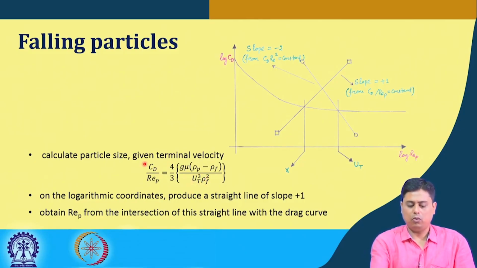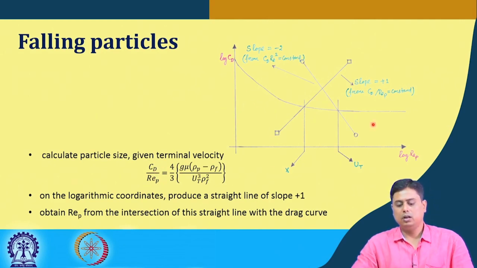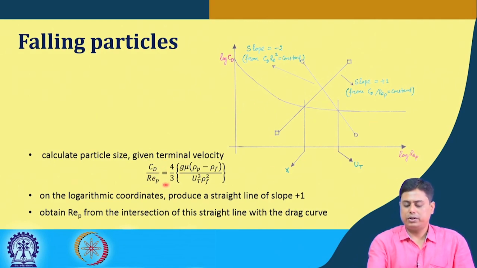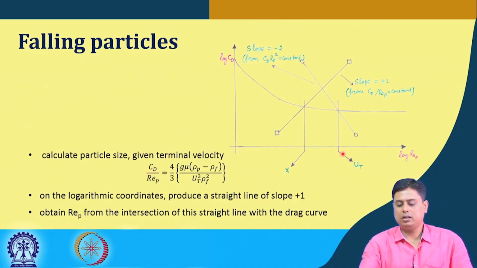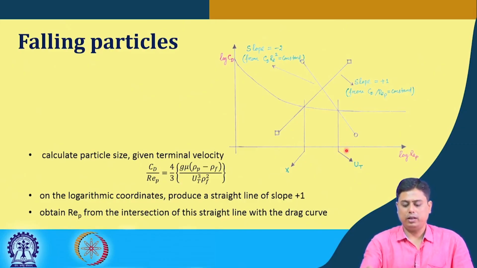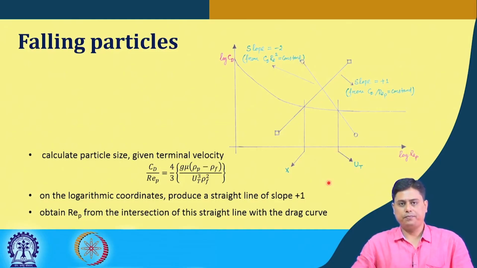Now this plot, log CD versus log Rep on the standard drag curve, will result in a straight line with a slope of +1, and from that intersection we can find out Rep. From the expression of Rep we can find out the value of x. In this case, this is the positive 1 slope and this is the negative 2 slope, and there we can find Ut. So, using this combination, we can find out.